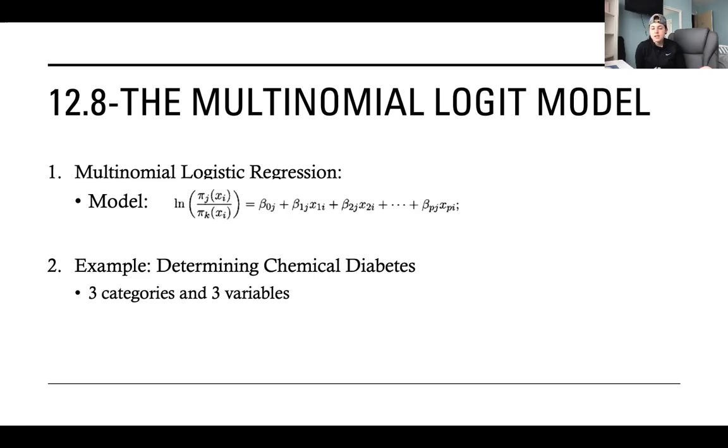The second subsection in this section was an example of determining chemical diabetes. They had three categories in this case: overt diabetes, chemical diabetes, and normal. The three variables in this case were insulin response, steady state plasma glucose, and relative weight.